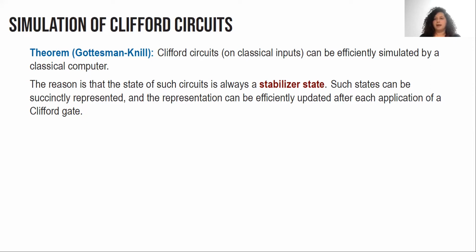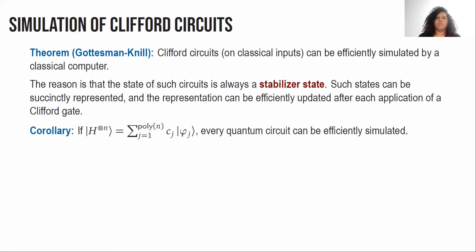So if we apply a Clifford operation on a stabilizer state, we can update it and store the relevant data using classical computing. Thus, a corollary: if the nth tensor power of the magic state can be represented as a small linear combination of stabilizer states, then every quantum computer can be efficiently simulated.